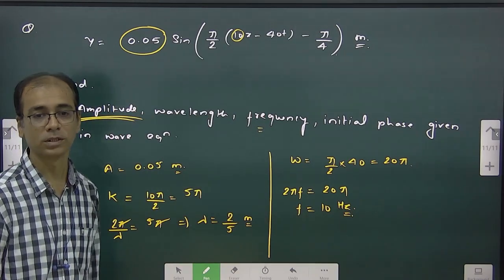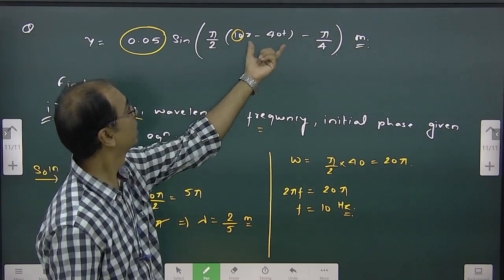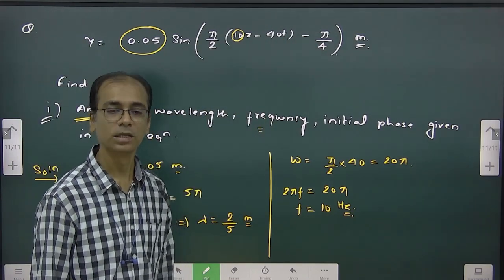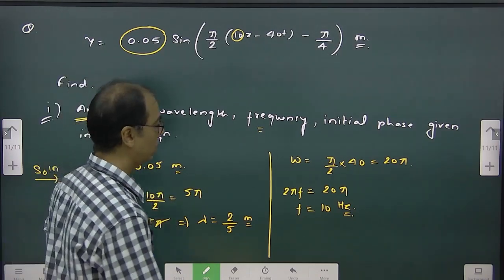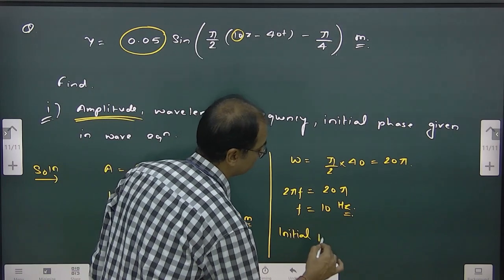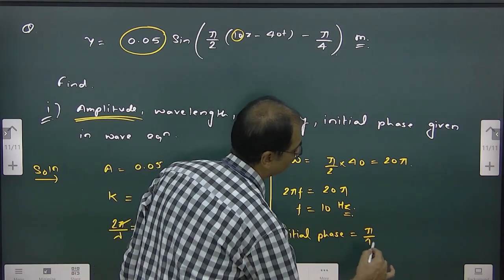What is initial phase? Now we know what initial phase is. This is kx minus omega t, and this pi by 4 is the initial phase. What does that mean?